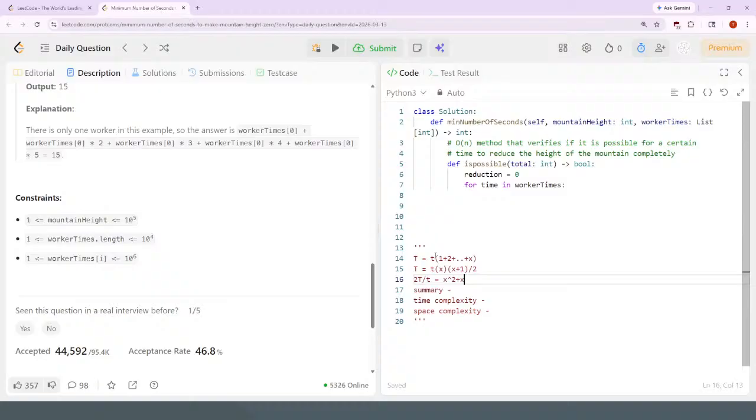My brain is slow as molasses. 1 plus 2 plus 3 times t, the worker time, equals the total time.